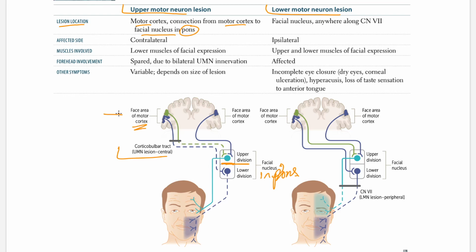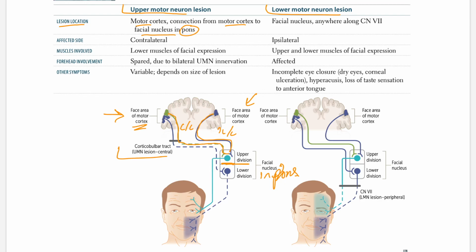So we have a facial area of motor cortex on both sides. The ipsilateral side supplies the upper division, and the contralateral side also supplies the upper division of the facial nucleus. And who supplies the lower division, you might ask?